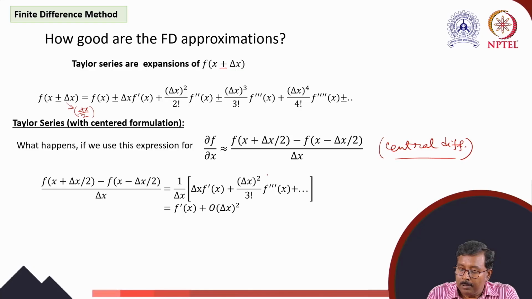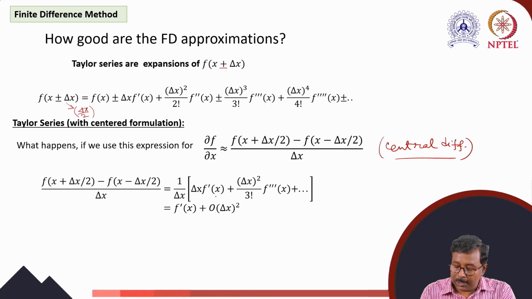Actually, the even terms are cancelled out due to the subtraction of f of x plus delta x by 2 and f of x minus delta x by 2.